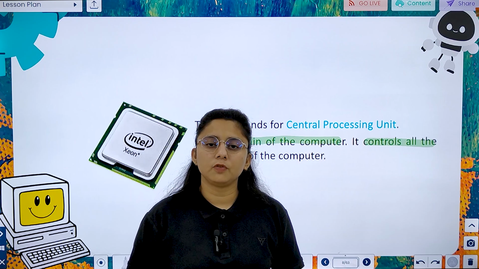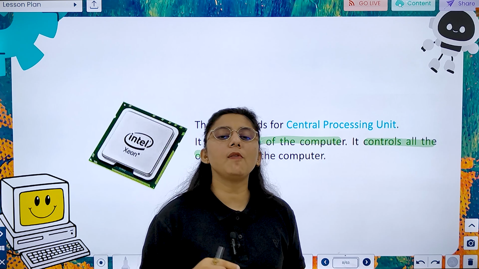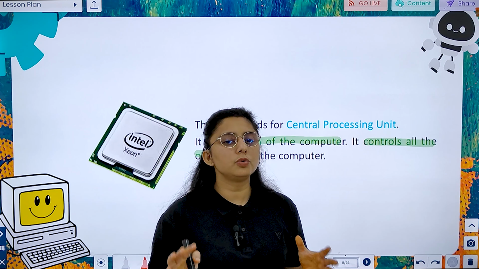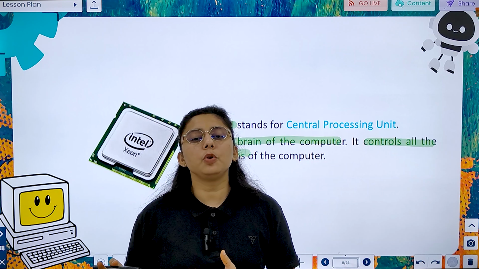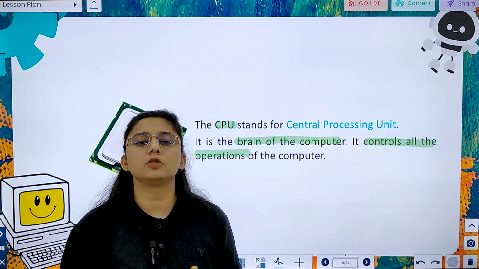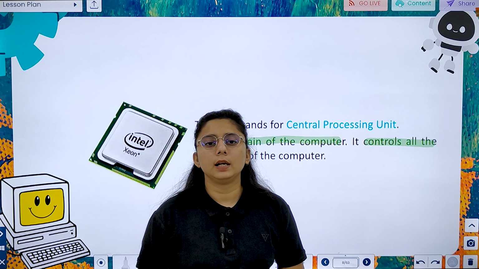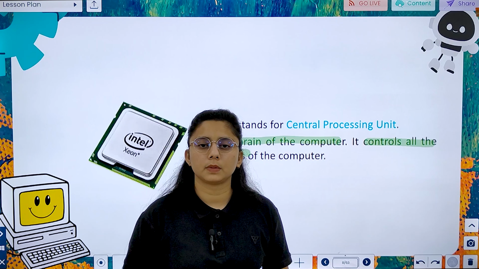We have mouse, which is known as a pointing device. With point and click, you choose things on the monitor. Then we have CPU, which is known as system unit, central processing unit, also the brain of computer. It looks after all the work done by the computer.